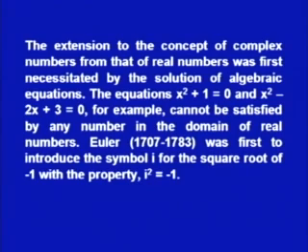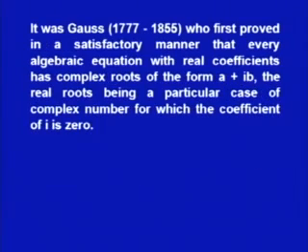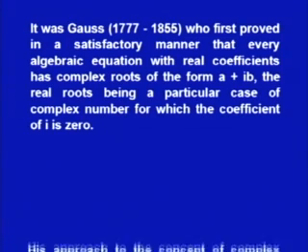Euler (1707 to 1783) was first to introduce the symbol i for the square root of minus 1, with the property that i square is equal to minus 1. It was Gauss (1777 to 1855) who first proved in a satisfactory manner that every algebraic equation with real coefficients has complex roots of the form a plus ib, the real roots being a particular case of complex numbers for which the coefficient of i is 0.